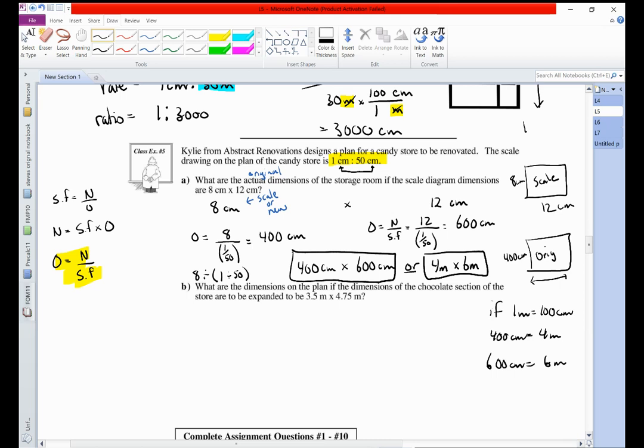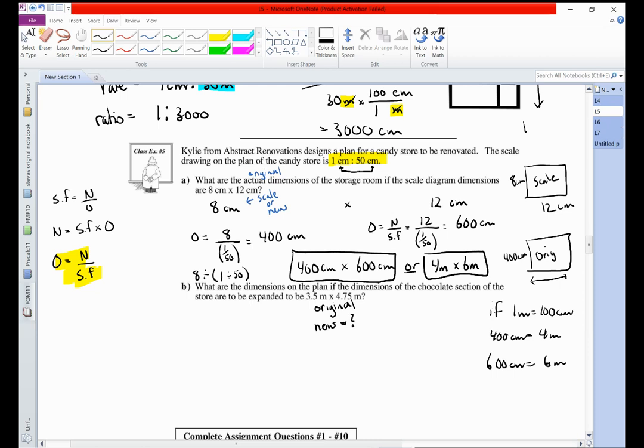What are the dimensions on the plan if the dimensions of the chocolate section of the store are to be expanded to be 3.5 by 4.75? So now we know the original, and we're trying to find the dimensions on the plan, which are the new, right, or the scale.